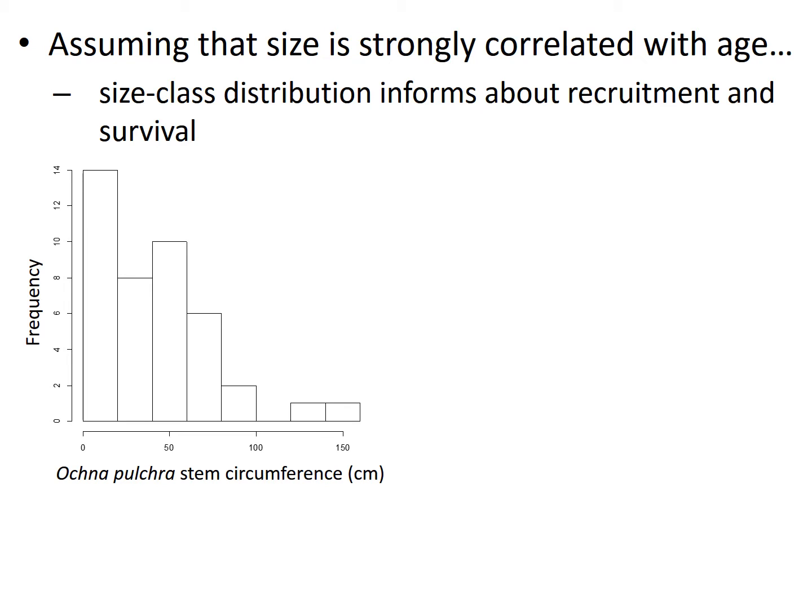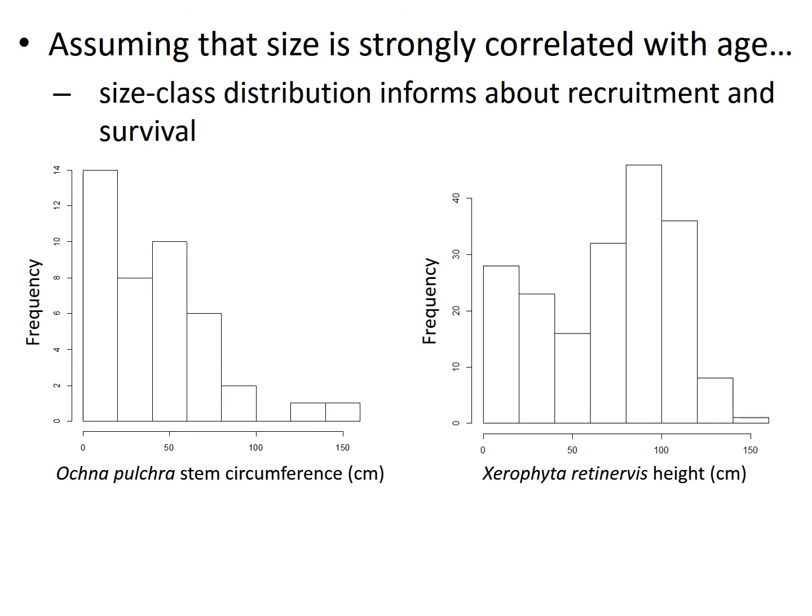So again, let's take two species from the Magaliesberg, the tree Ochna pulchra and Xerophyta retinervis, the Bobbejaanstaart, the baboon's tail. What we can see here is that for Ochna pulchra we've got that approximately consistent decline in the frequency as we go to bigger plants.